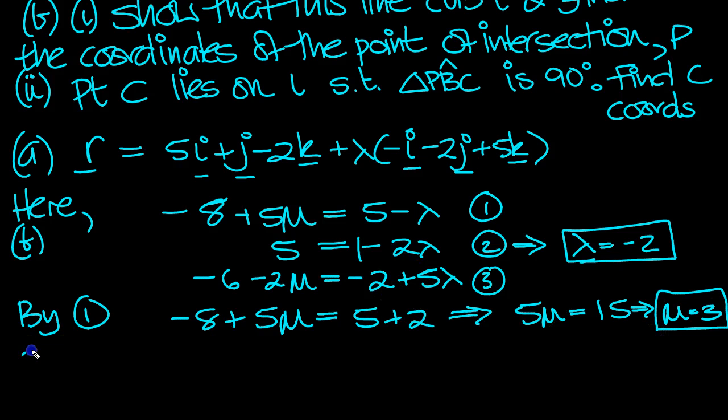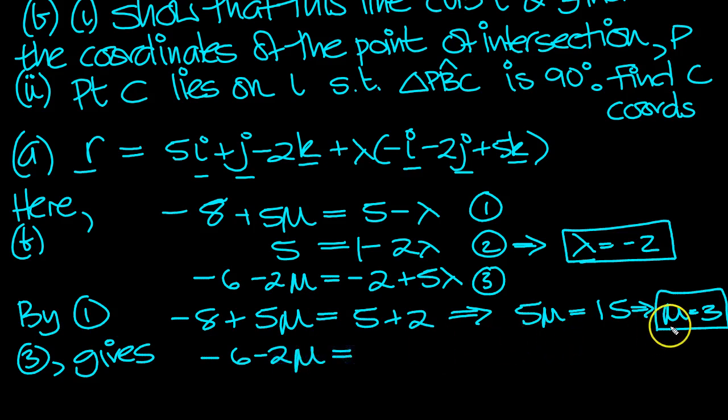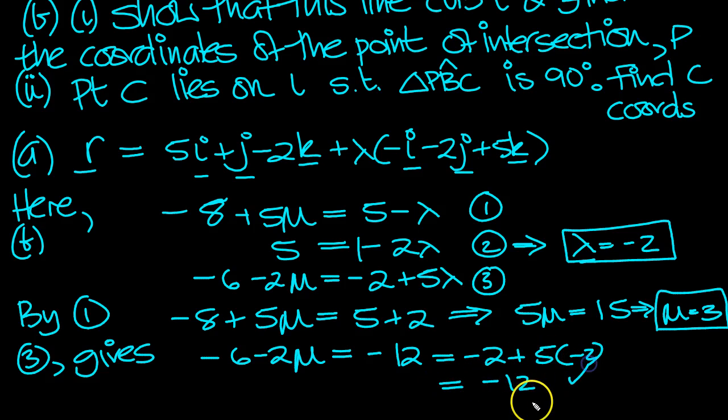Now let's see if it's compatible and has the same z component. Minus 6 minus 2 mu is equal to minus 6 minus 6, which is minus 12, which equals minus 2 plus 5 times minus 2, which equals minus 12. Yep, that's fine.